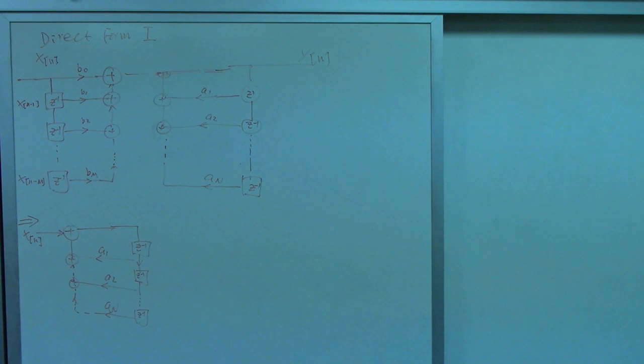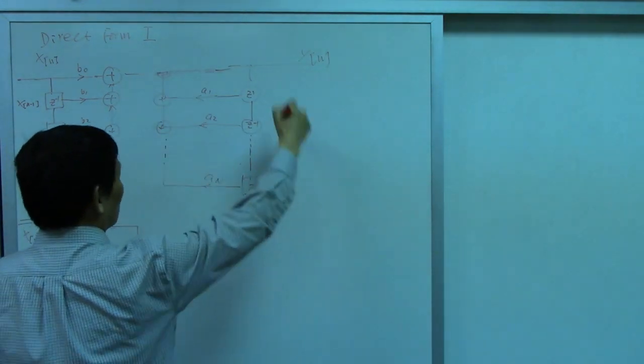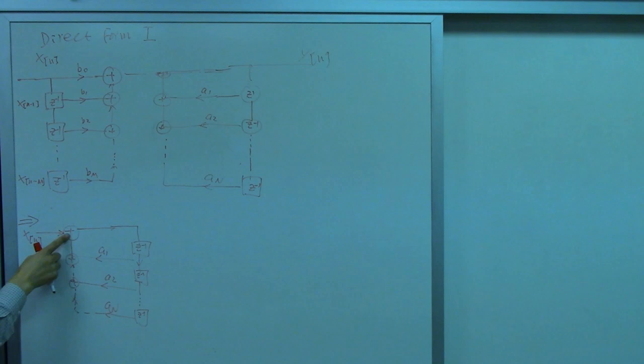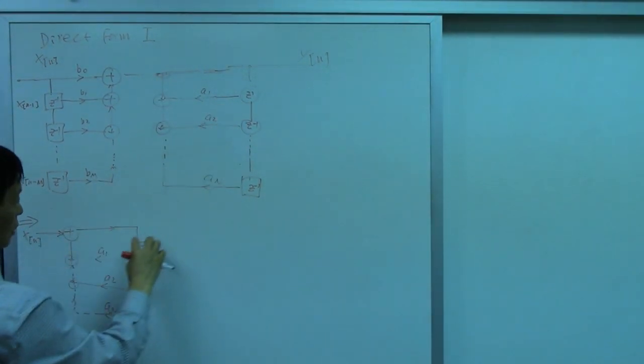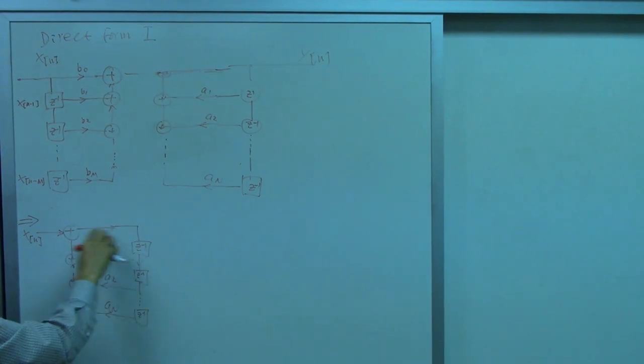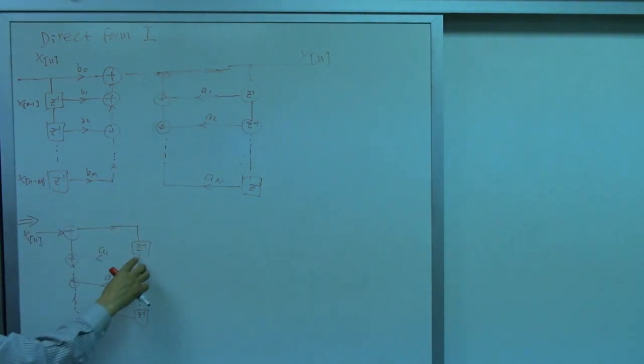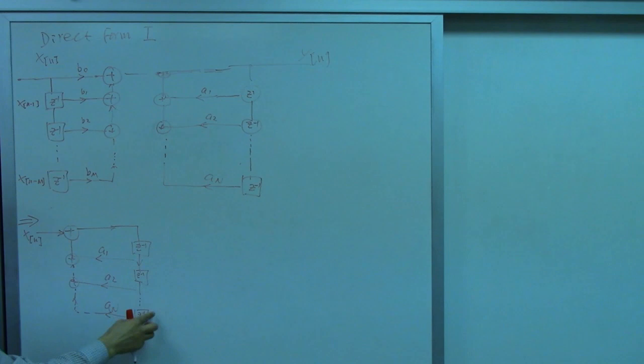Is this correct? This one is this part. I just move this part to here. So this plus is this plus, this plus is this, right? And this one deletes here. So this equals 1, right? Because this one equals 1 here. Okay, so a1, a2, and all an.